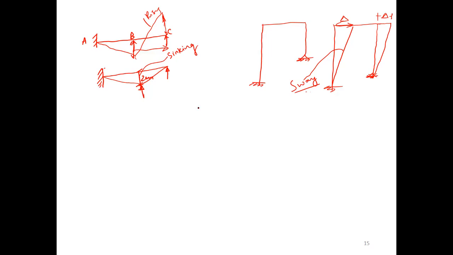Please keep in your mind, beams we do not term as sway; only in frames, and columns are under sway. Beams will not come under sway condition. Sway terms we use for columns, that is, in frames. Sinking we use for beams. It's a very, very important thing. Okay, so beams sink, columns sway.